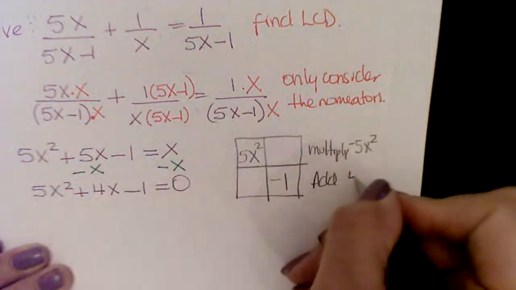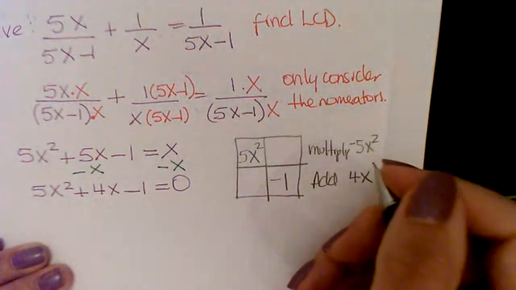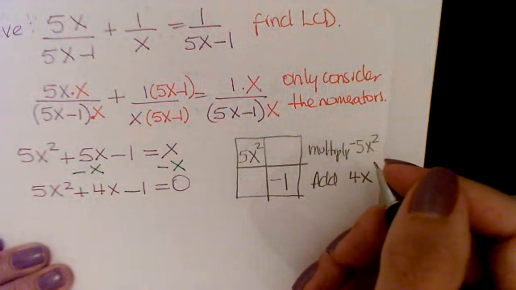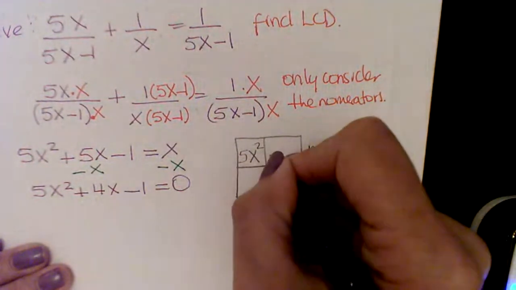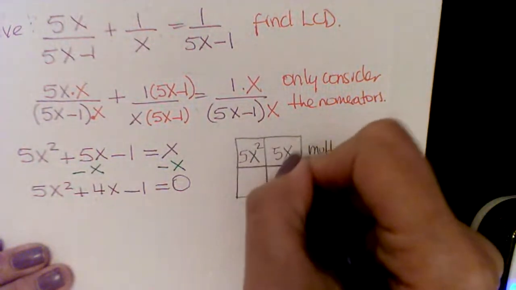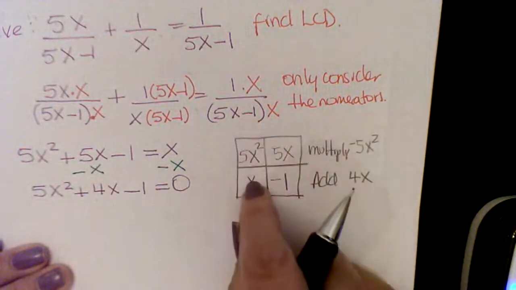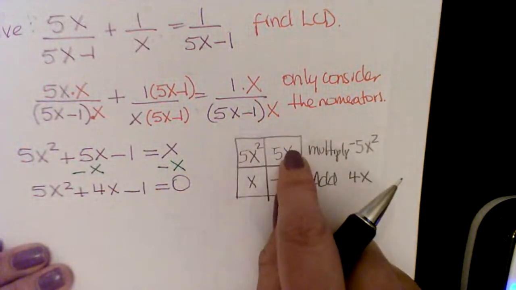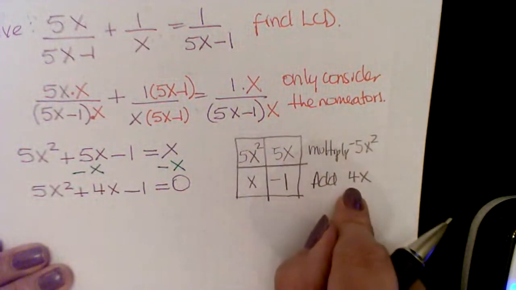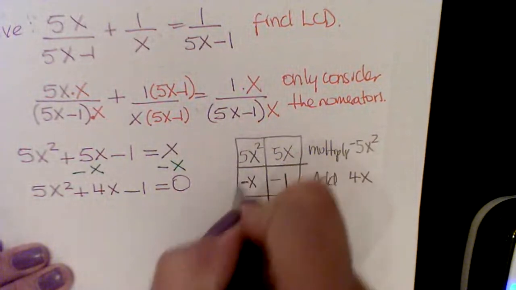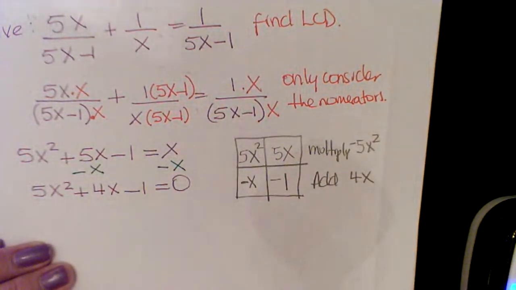And when we add, we get 4x. That's going to be what? 5 and 1, right? So we have a 5x and an x. If I multiply, I need to get negative. But when I add it, it needs to be positive. So this one is the one that is going to be negative.